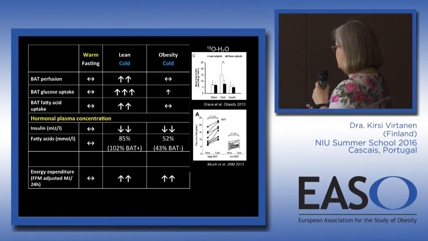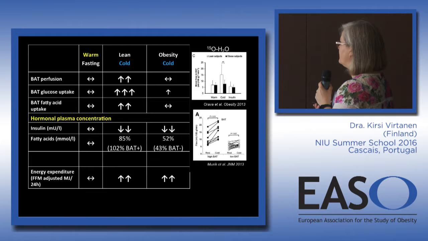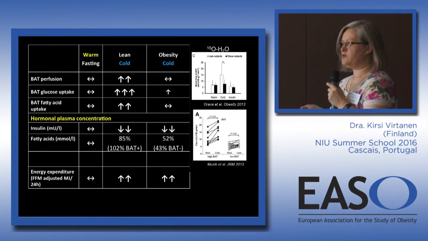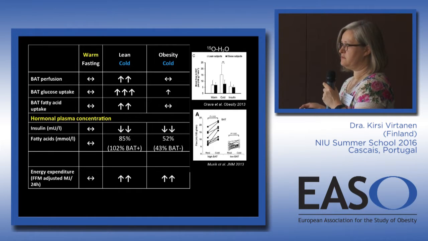Along with these metabolic changes in brown adipose tissue, we can find some changes in insulin concentrations and fatty acid concentrations in systemic blood circulation. So insulin levels go down whether you are obese or lean, if you are exposed to cold.